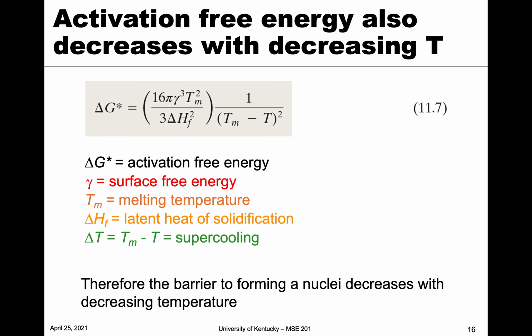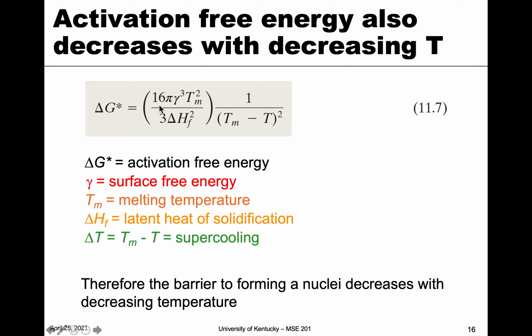Along with that, we can calculate the delta G star, and that's when we reach the critical radius, right? The energy value there has a similar dependence. It's just the form of it that's different, but it has the same components. We have the gamma, which is the surface free energy, the melting temperature, the latent heat of solidification, delta HF, and then the degree of supercooling, and that's squared.